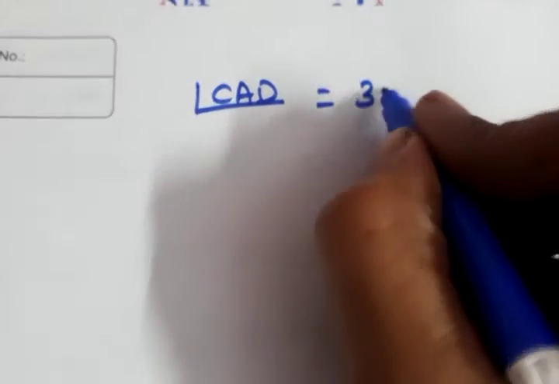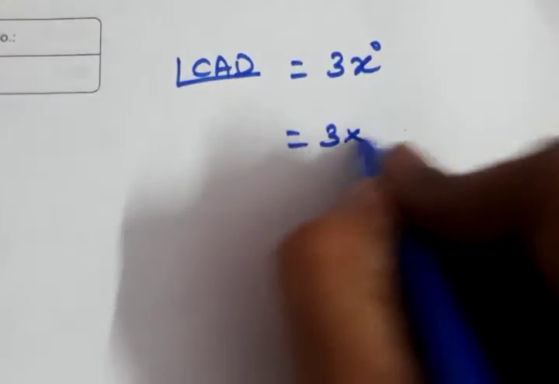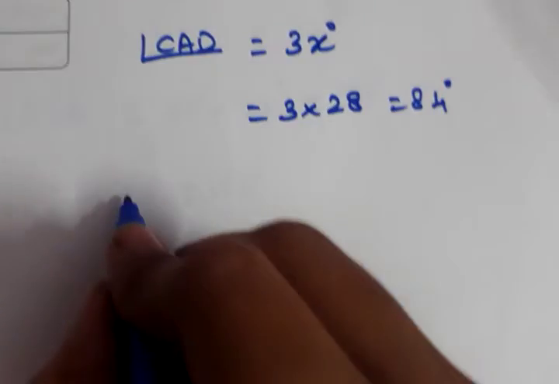Then next, take angle CAD equal to 3x degrees. The value of x is 28 degrees, so 3 into 28 equals 84 degrees. Already we know that. So next, y degrees.